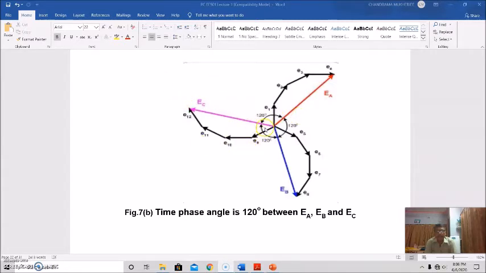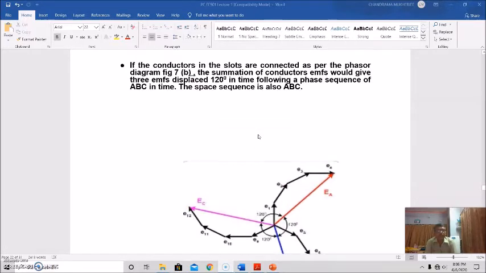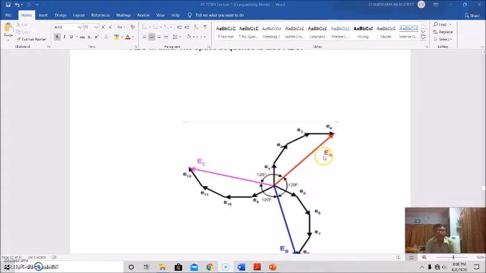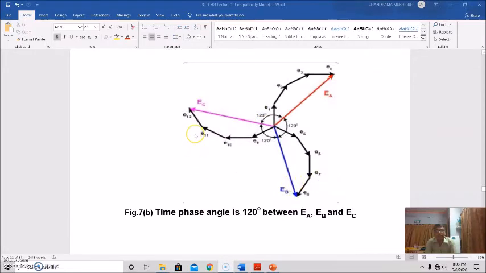So this is the resultant EMF of phase C, EC, which is again out of phase from B by 120 degrees. So you know the space sequence. This follows a phase sequence of ABC in time, and the space sequence is also ABC.